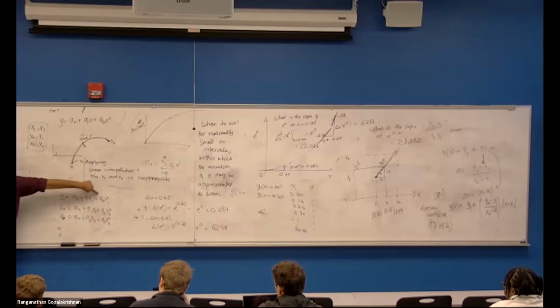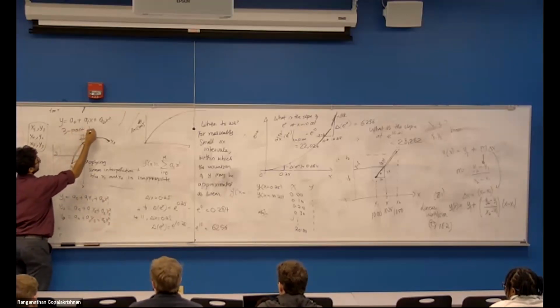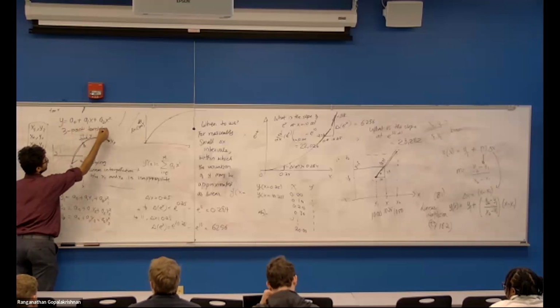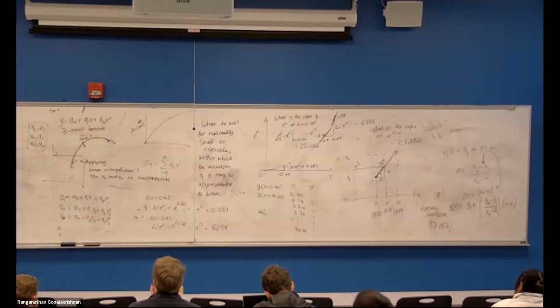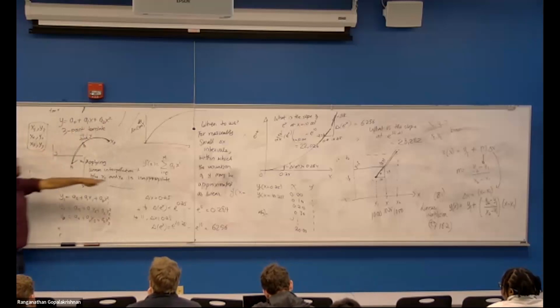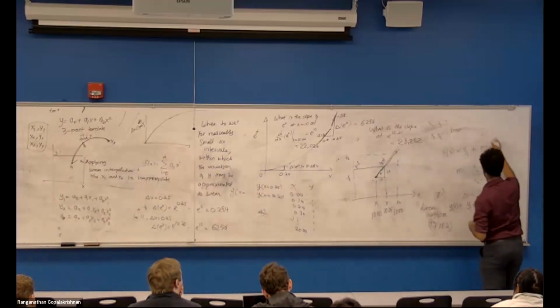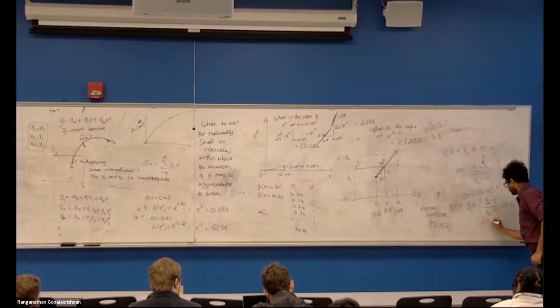Treat a0, a1, a2 like unknowns and solve for them. So this is a 3-point template. We'll do examples. I'm just giving you the concept first. This would be a 2-point template.